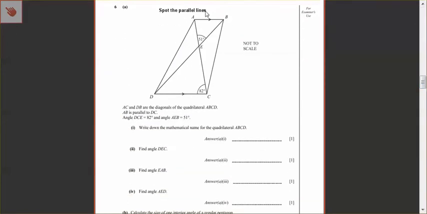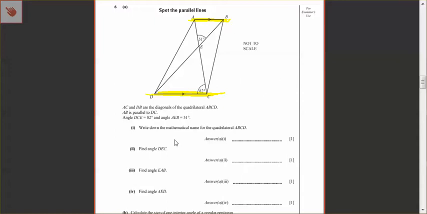Now, again, spot the parallel lines. That was my little helping hint, because here's a parallel line, and here's another parallel line. That should help you. Angles in parallel lines, we've done that now: Z angles, F angles, that kind of thing. It's not a parallelogram, because then these two sides would also be parallel.